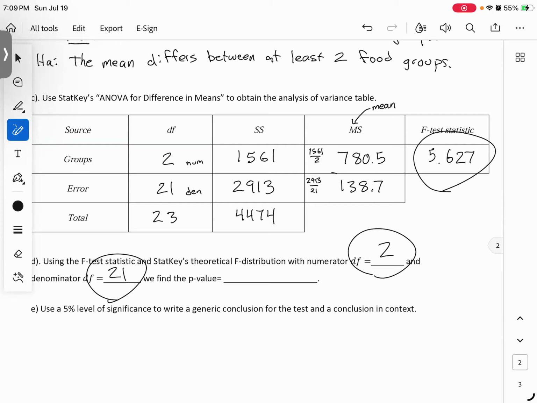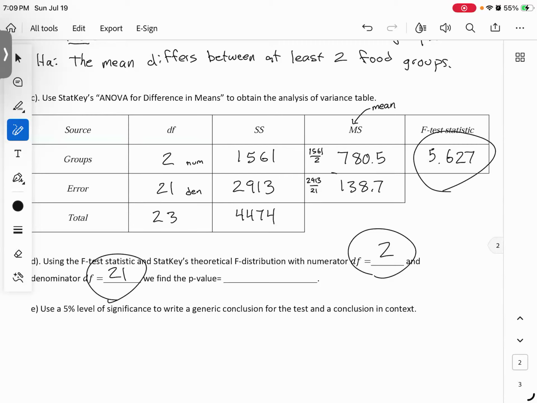Now, the F test statistic is a lot like what we've been using with Z test statistics, T test statistics, the chi-squared statistic. All of those are just ways to see whether we have something that's extreme so that we get a small p-value. We can reject the null hypothesis.